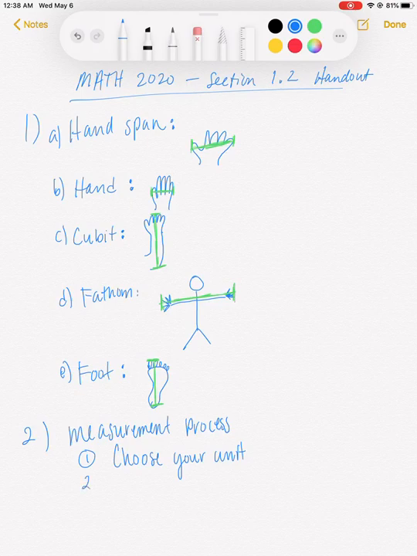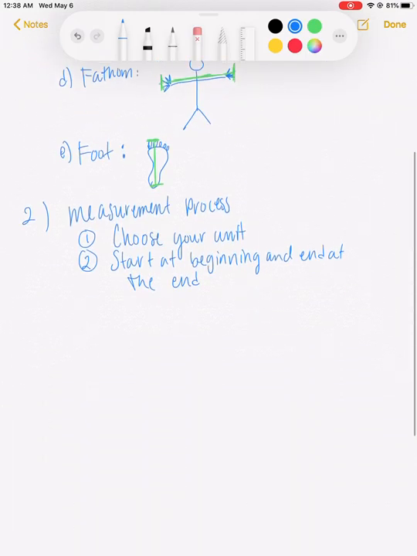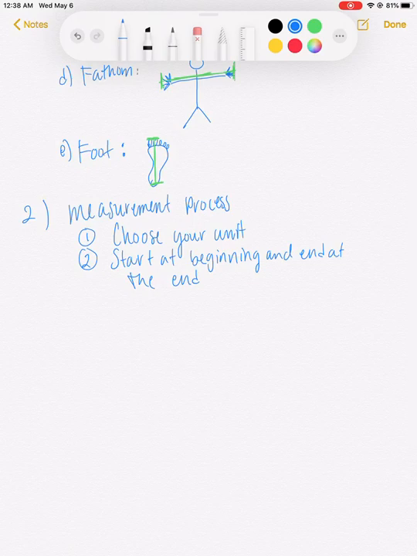The second step is when you are going to measure something, especially with non-standard units, you're going to start from the beginning and you're going to end at the end. So if you have this thing to measure, I'm going to draw something arbitrary.